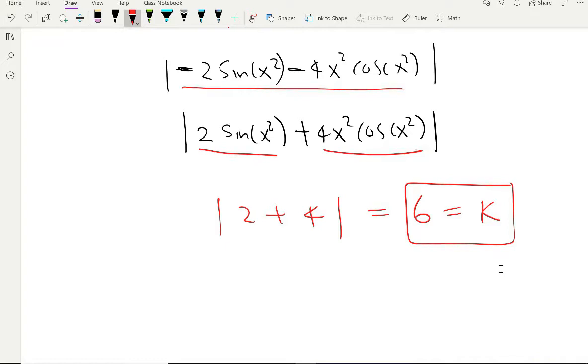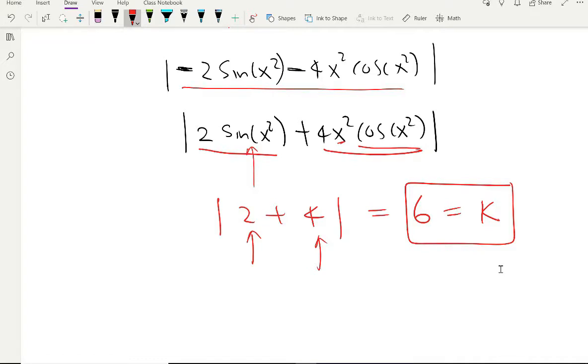So it's 2 times sine x square, we argued that the maximum it can get is 1. So 2 times 1 is 2. So it makes sense why we get 2 here. Cosine maximum it can get is 1 and x maximum is 1. So it makes sense why it's 4 here, and 6. Why we get 6. And is the function less than 6? Of course, yes.